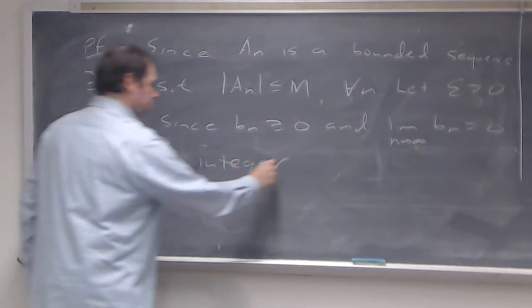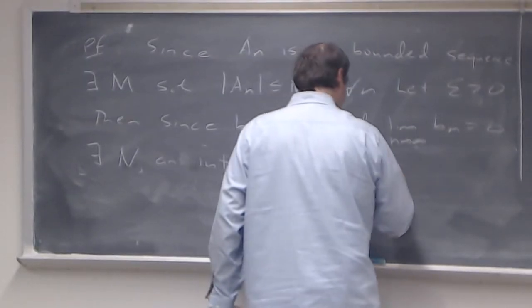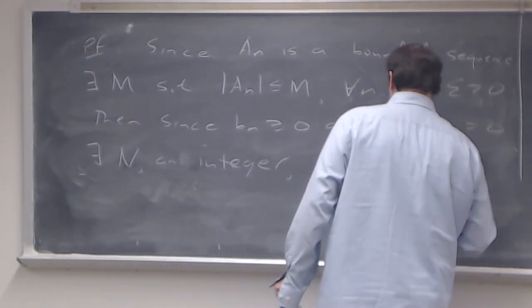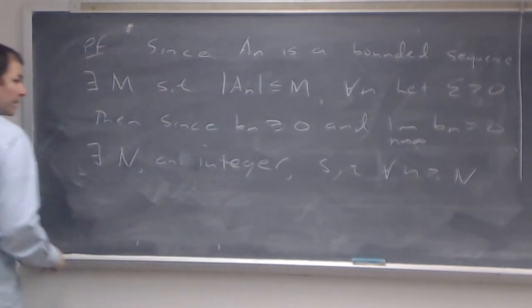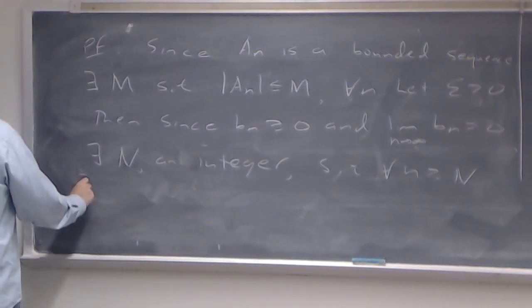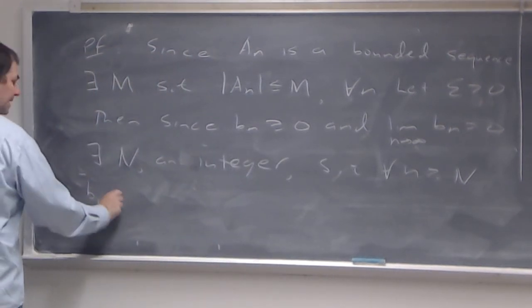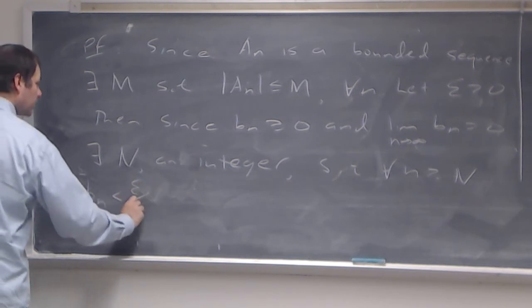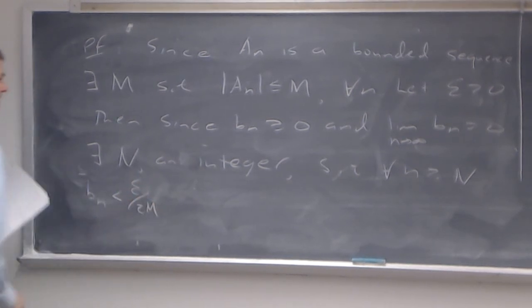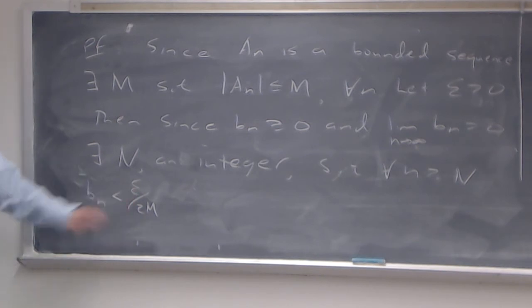Such that for all n bigger than or equal to this big N, the b sub n's will be less than epsilon over 2 times m. That's what we have. This can be thought of as a new epsilon needed for the sequence, which we know converges.